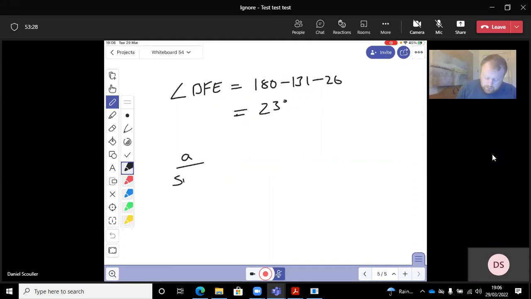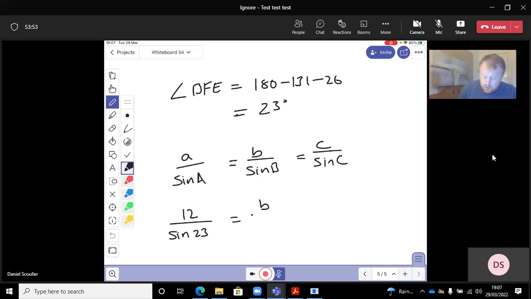A over sine A equals B over sine B equals C over sine C. So we've got A, which is side 12, over sine 23 equals B, which I'm missing. When I was scribbling on that, I called the 131 B in there.